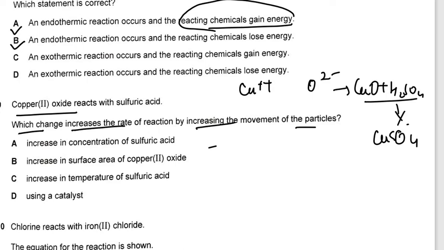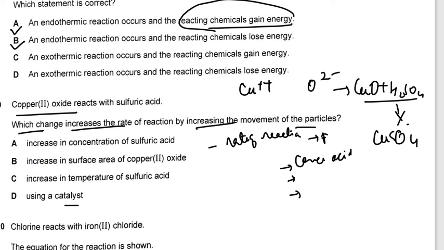You know that the rate of reaction will increase by the concentration of acid, the size of the particle, the temperature. Is catalyst also an option? Yes, catalyst also. So which option do you think is most suitable here? This question is a little tricky because they have given the option catalyst and this is also there.